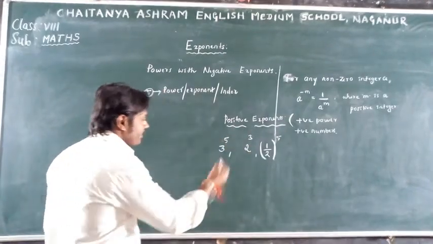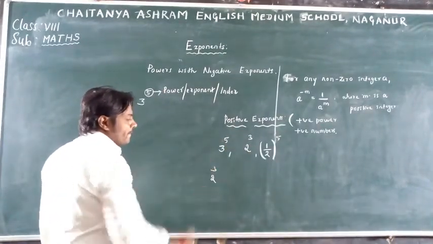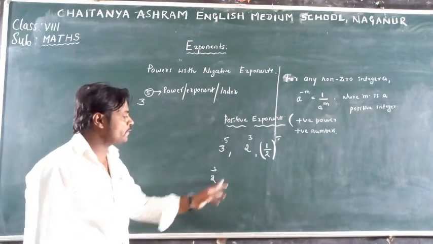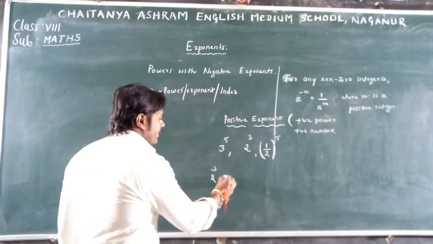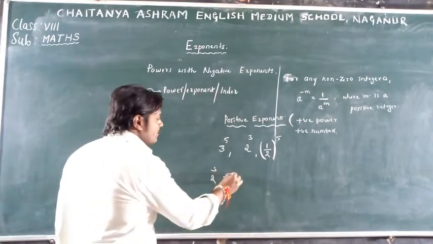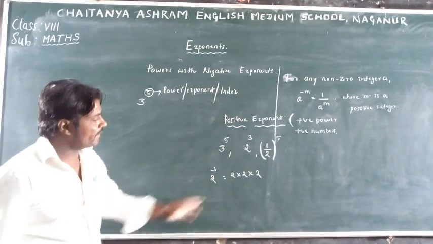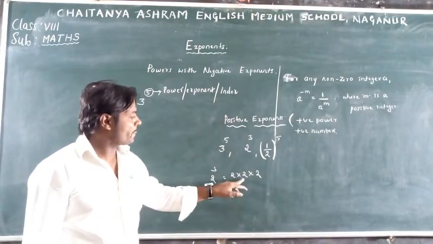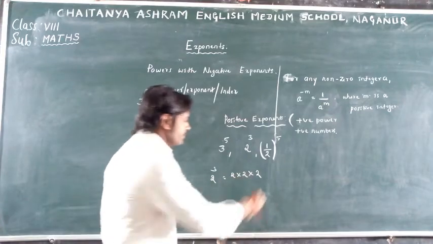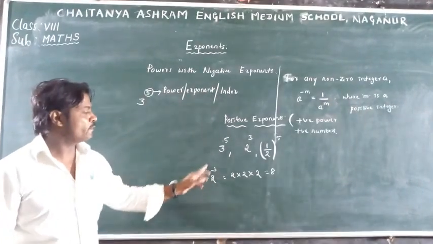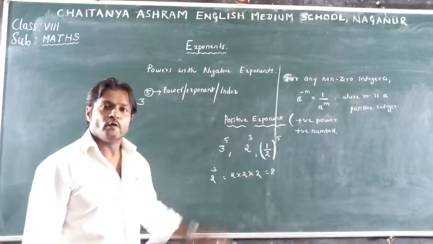Suppose 2 to the power 3. How to find the value of this positive exponent? Write it in expanded form: 2 is multiplied by itself 3 times. Find the product: 2 times 2 is 4, 4 times 2 is 8. Now this is the value of this positive exponent.